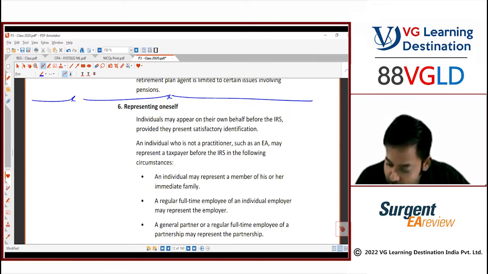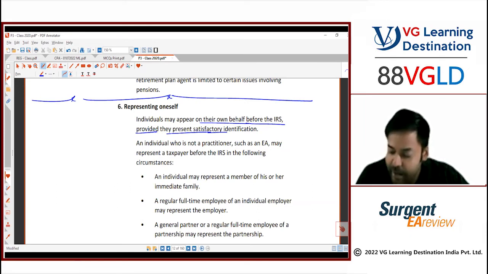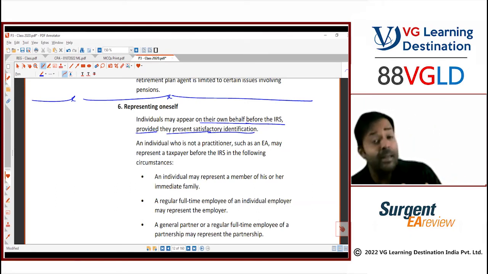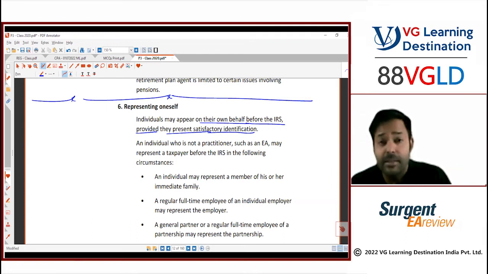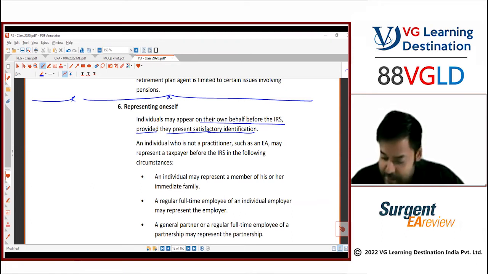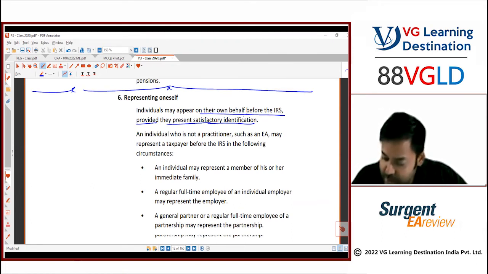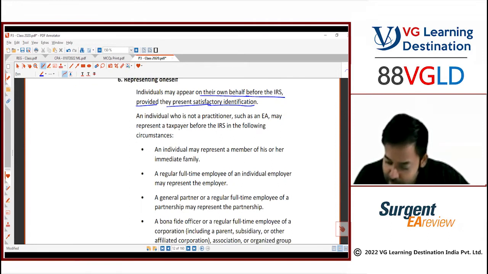Individuals may appear on their own behalf before the IRS provided they present satisfactory identification. You have to furnish your social security number, you have to give your income tax identification number, everything you have to mention in this case, but you're free to represent yourself also in this case.